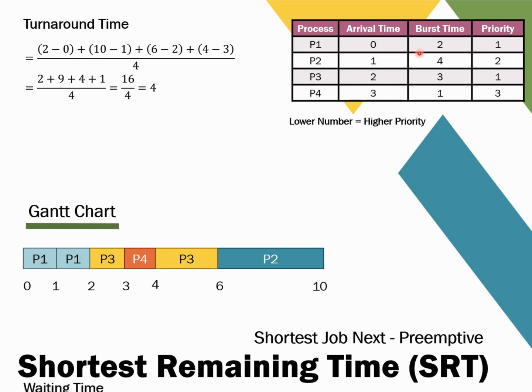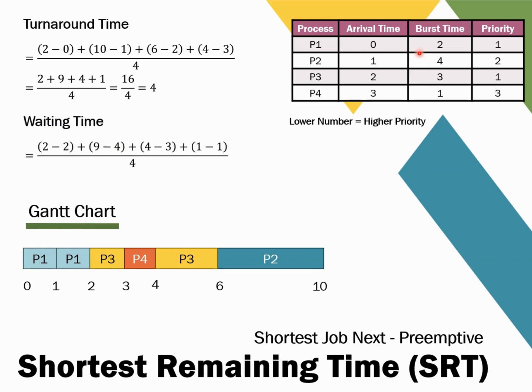Another criterion is waiting time. For waiting time, we simply subtract the burst time from the turnaround time for each process. For process 1, the turnaround time is 2, so we write 2 minus the burst time for P1, which is 2.